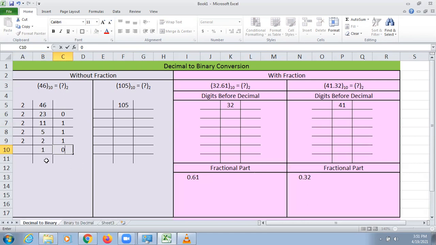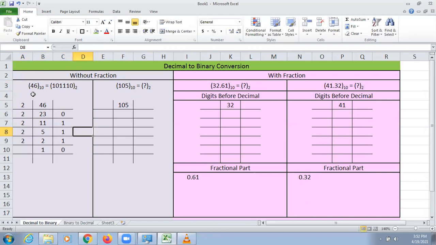Now you have to write all the remainders in reverse order, from bottom to top, and we will start from here. So 1, 0, 1, 1, 1, 0. This will be the answer in the binary number system.